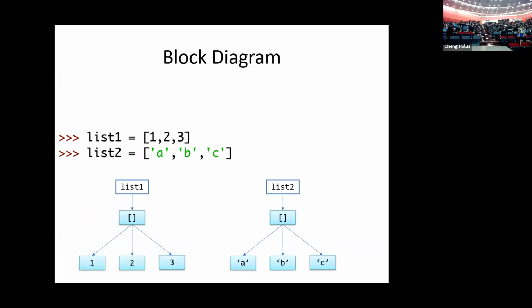If I say list 1 is equal to 1, 2, 3, I want you to think about that. List 1 is the name. The name is pointing to a container, which is a square bracket, which is called a list. And this list is containing 1, 2, 3. For the ABC, it's the same, right? No problem, right?